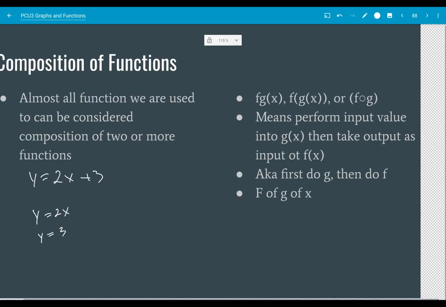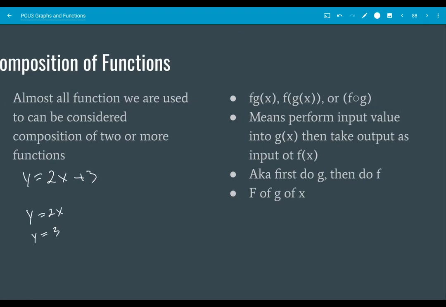The different notations for composition take on these forms. We have where the two function names are together, fg of x, and it doesn't have to be f and g, it could be any letter.